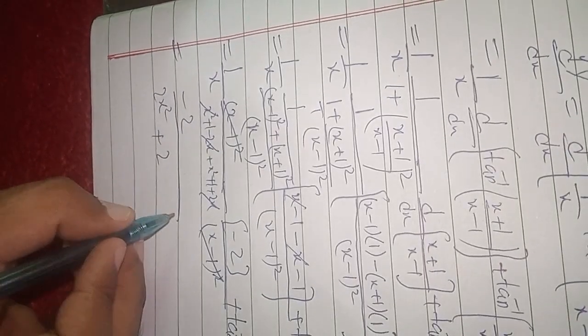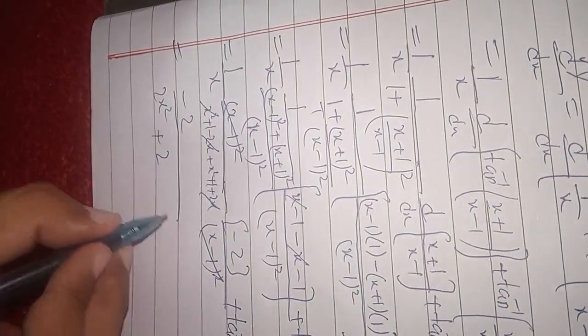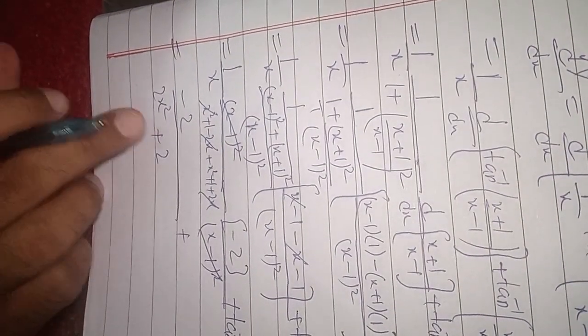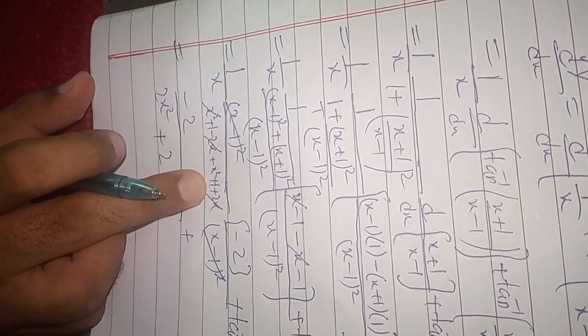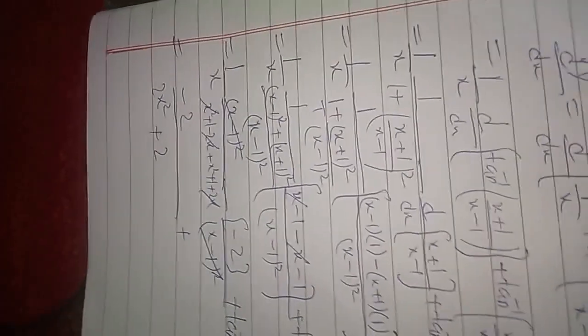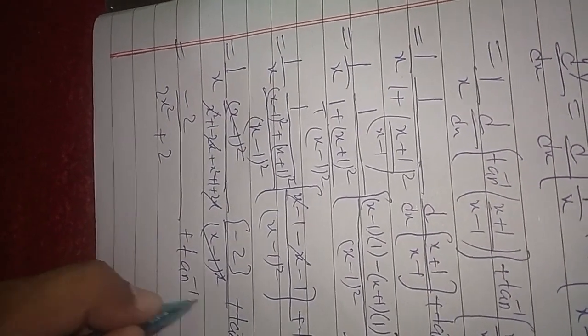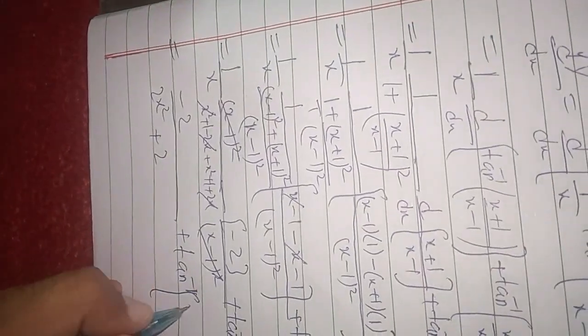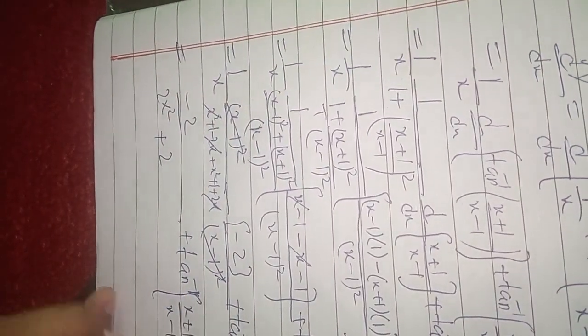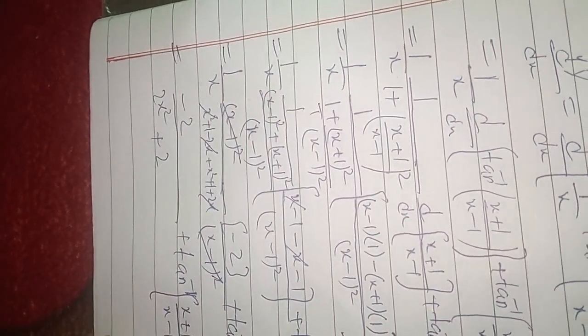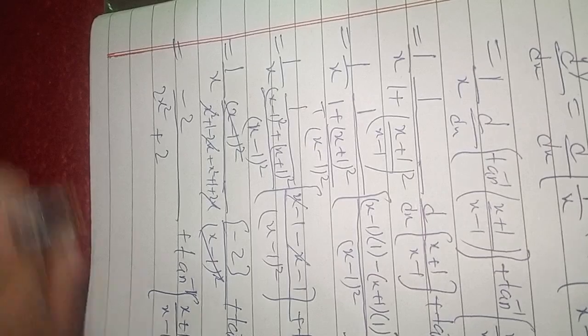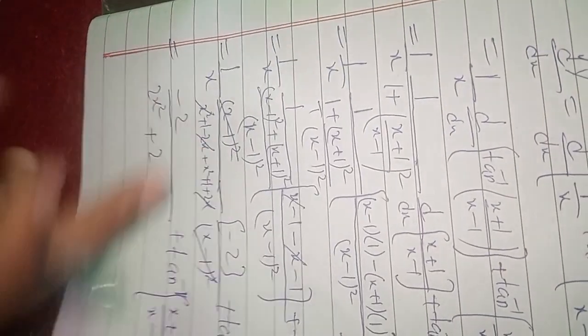So this is the simplification of the right hand side function, and now we are going to do the simplification of the second function on the left hand side. The second function on the left side is tangent inverse x plus 1 over x minus 1. With it we have minus 1 over x square.